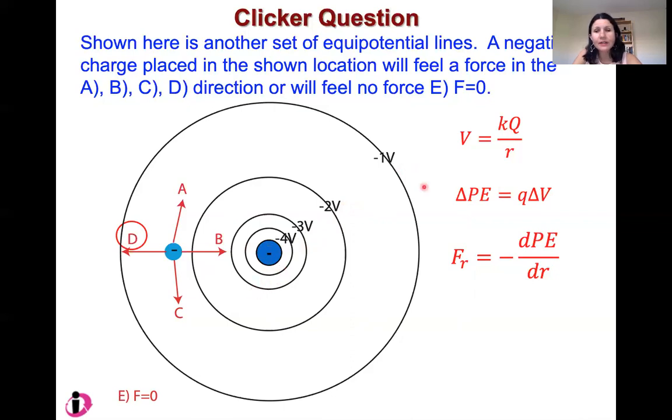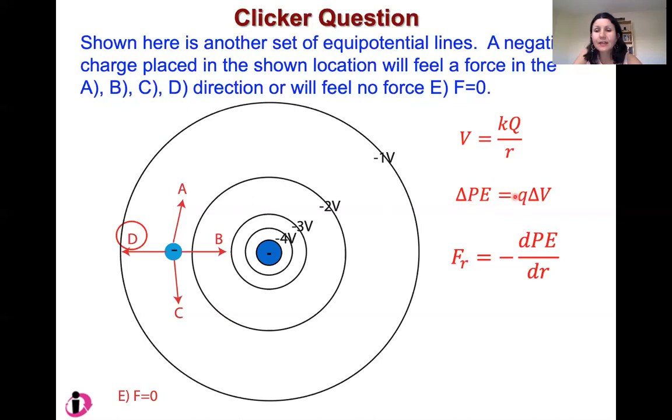Now the direct connection between force and voltage is this equation, which connects the change in potential energy to the change in voltage, where this Q represents our test charge. Since our test charge is negative, there's a negative sign here. To find the force, we want to figure out which way the potential energy is decreasing, because force always points in the direction of decreasing potential energy.